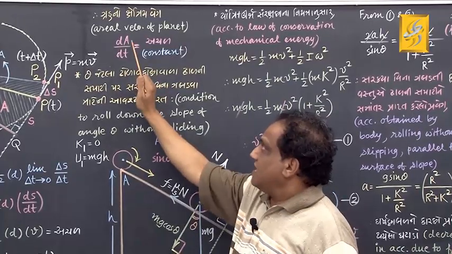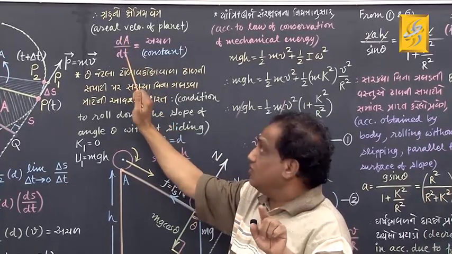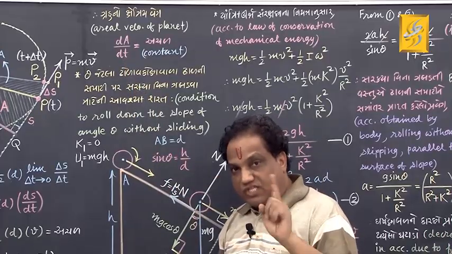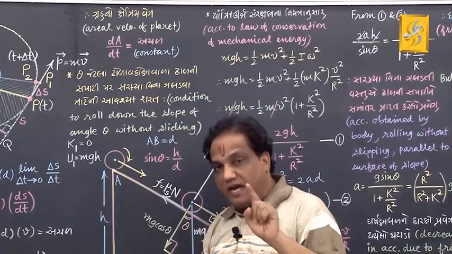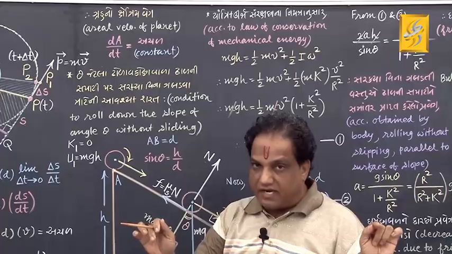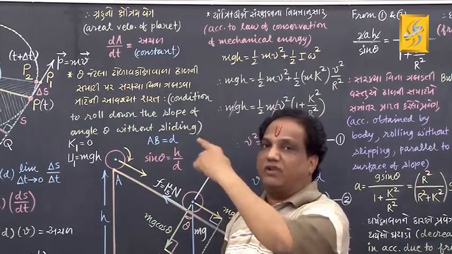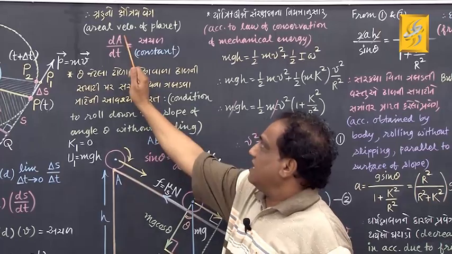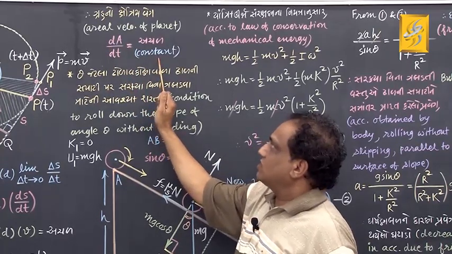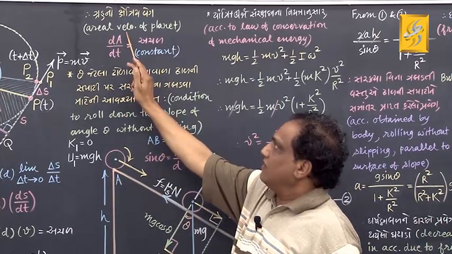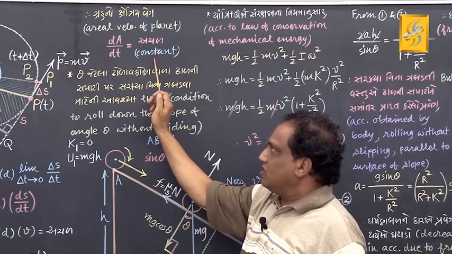So this is nothing but the area swept in unit time by a line joining the sun and the planet. That area swept in unit time is called the aerial velocity of a planet, and that aerial velocity of a planet remains constant.